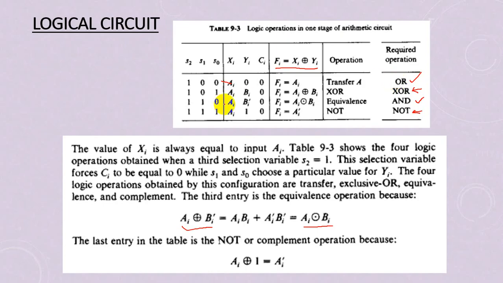And how can we get the AND operation? Modify A in such a way to get the AND operation.